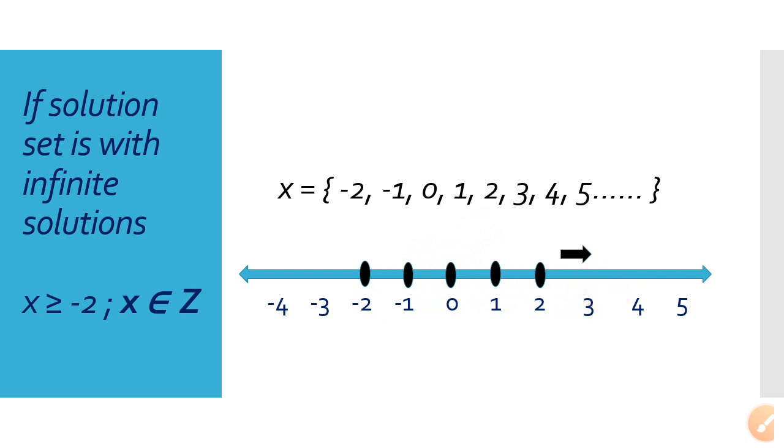It should be infinite dots, but we will not put that many; we will just put an arrow sign in the number line. This arrow sign represents that there will be infinite dots, that means the solution set has infinite solutions. So this is the graphical representation of this particular solution set.